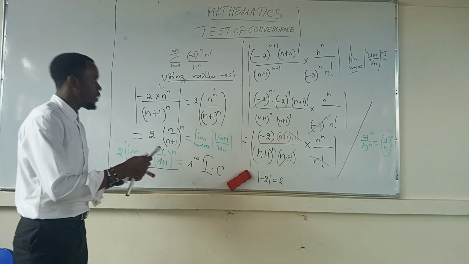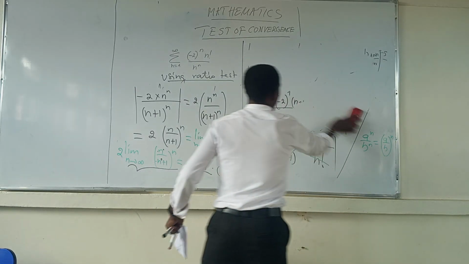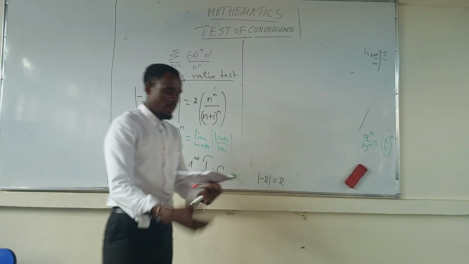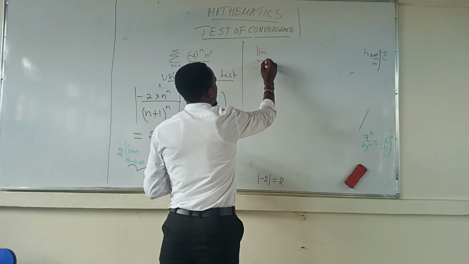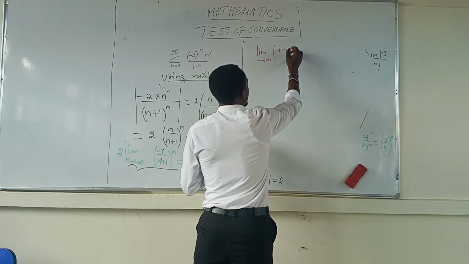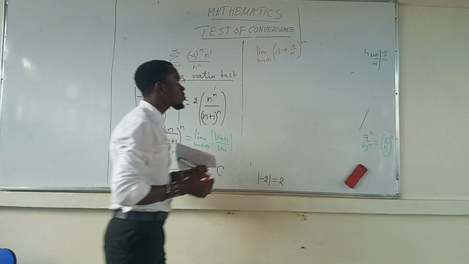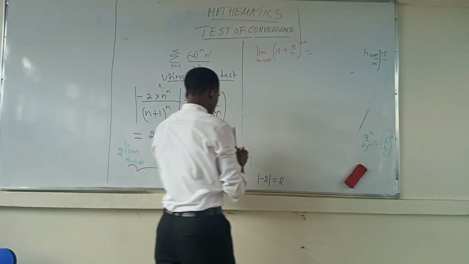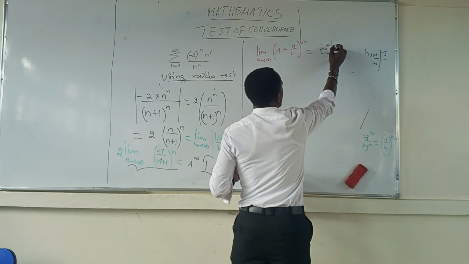Coming back to this fact of mathematics, when you have a limit as n tends to infinity of 1 plus a over n, power b n, and you have a limit of this form, this is equivalent to e power a times b, the product of a times b.